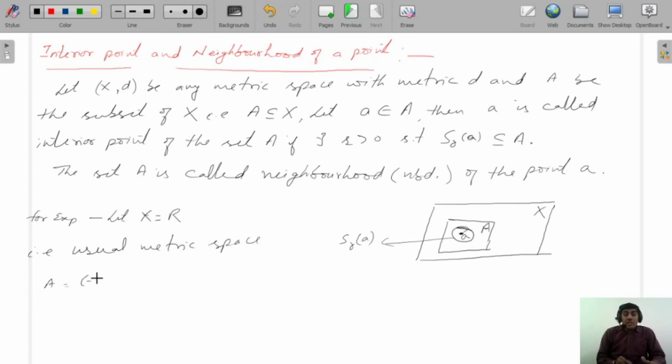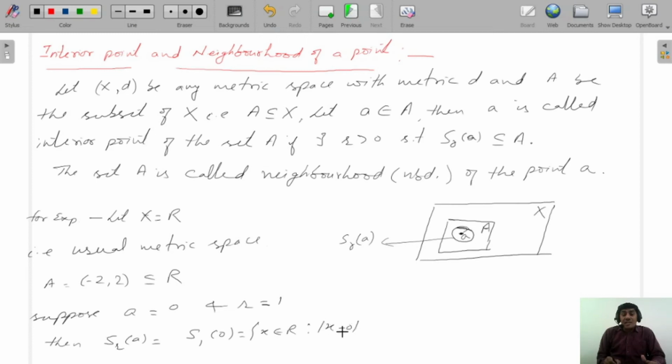A is equal to (-2, 2), contained in R. Suppose small a is equal to 0 and R is equal to 1, then the sphere centered at a with radius R is equal to the sphere centered at 0 with radius 1, which is equal to the set of x belonging to R such that the modulus of x minus 0 is less than 1, which is contained in (-2, 2), equal to A.